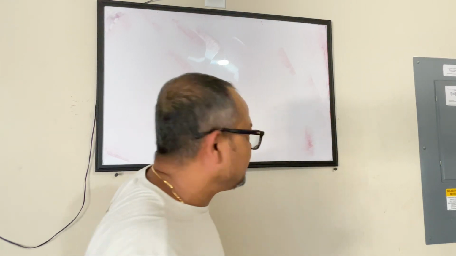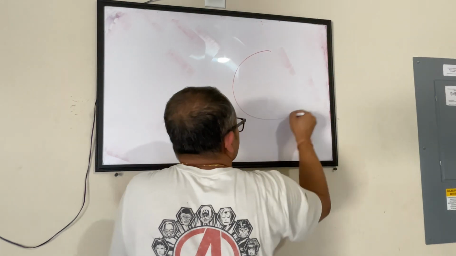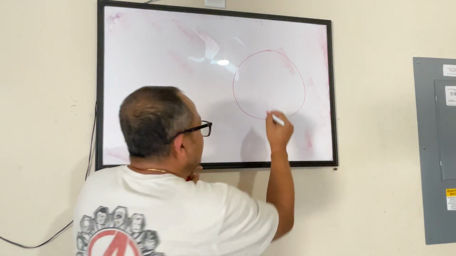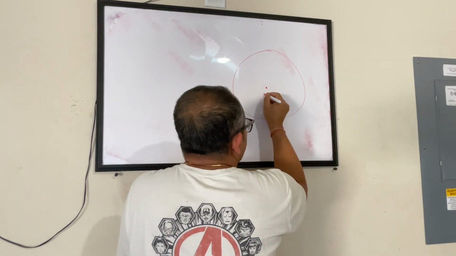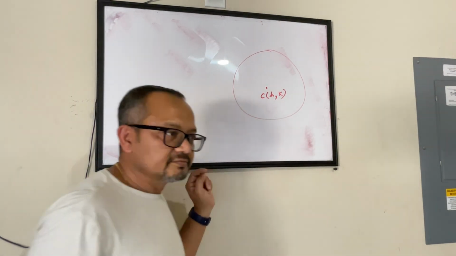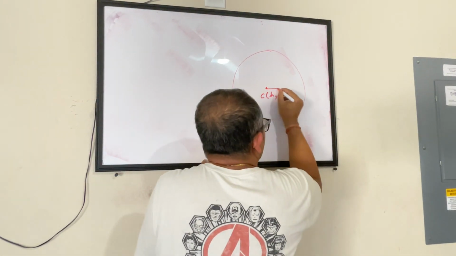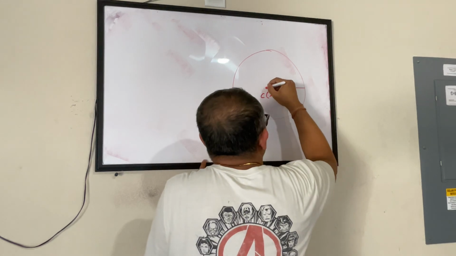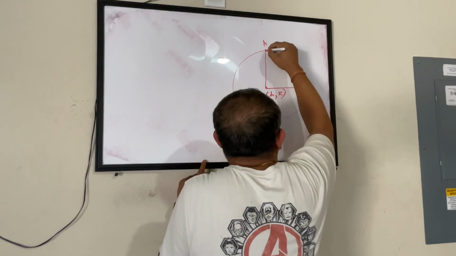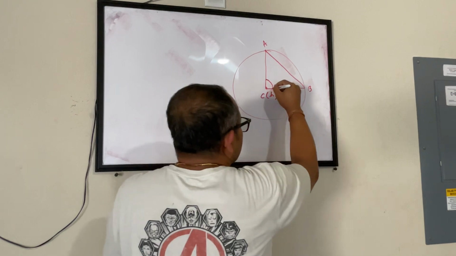So today she asked me a question saying that, okay, there is a circle whose coordinate at the center is H and K. And there is segment A and B, which makes 90 degrees at the center.